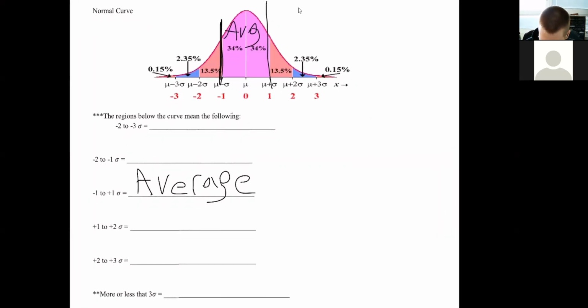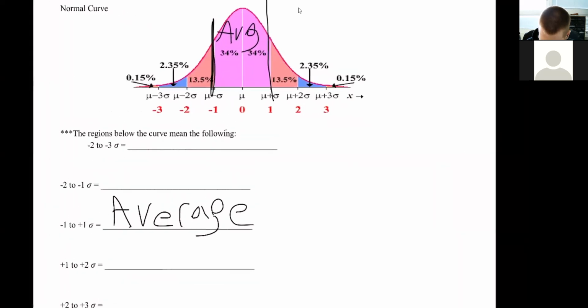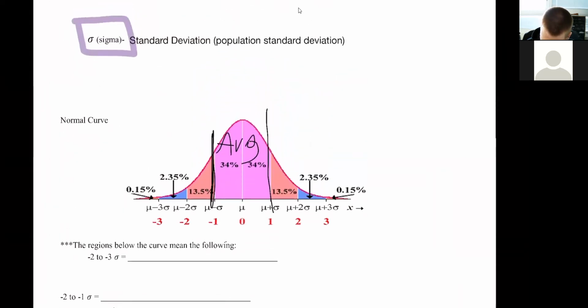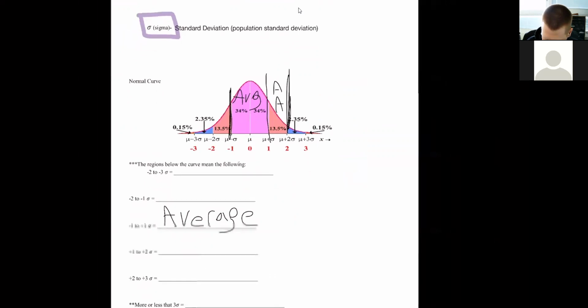On the other hand, if you're between 1 and 2, and just a heads up, if you are in a stats class, they might use slightly different vocabulary. I've seen different textbooks say different things, but if you're between here and here, we would say you're above average. I'm going to abbreviate that AA.